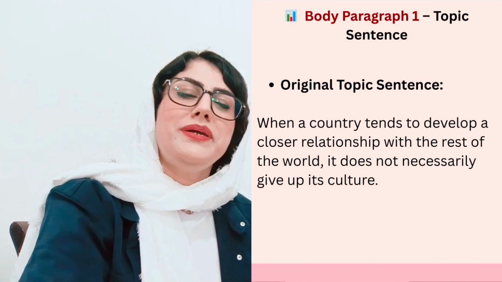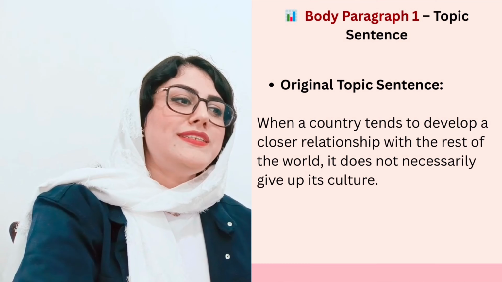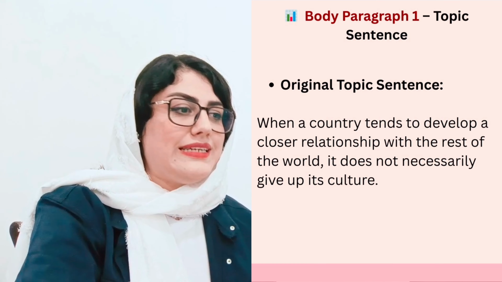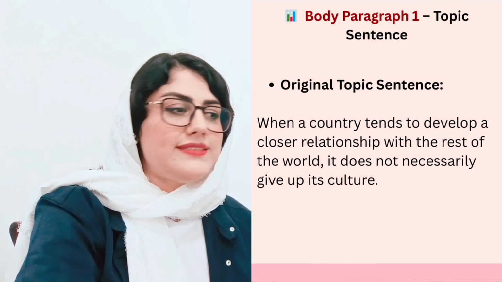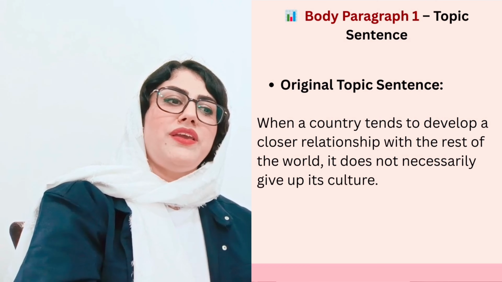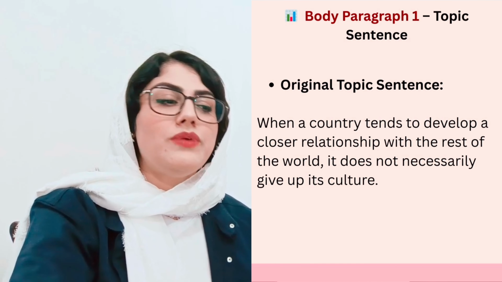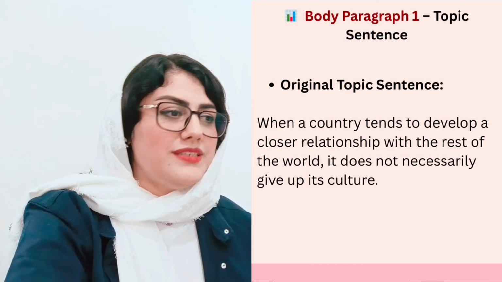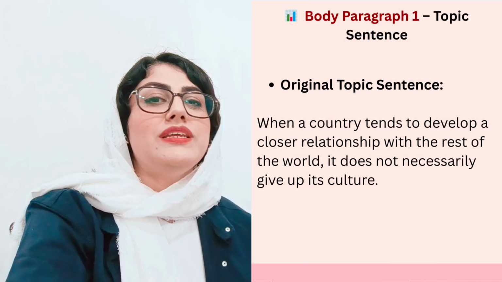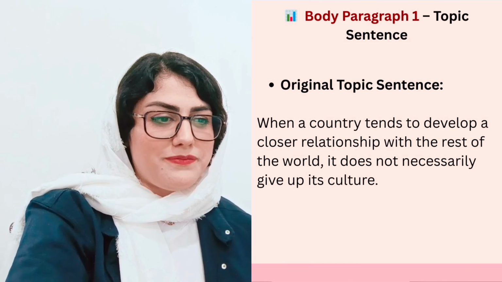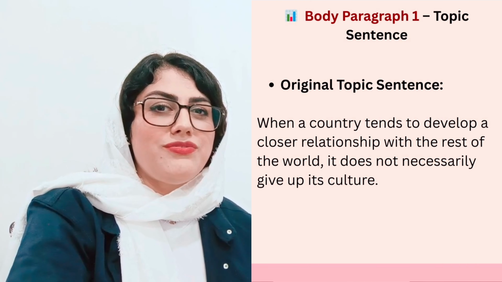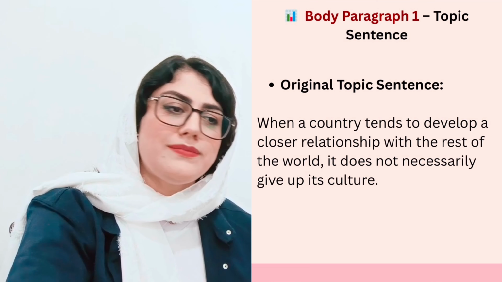Now we are looking at body paragraph 1, starting with the topic sentence. Here the original sentence is: "When a country tends to develop a closer relationship with the rest of the world, it does not necessarily give up its culture." What's the purpose of the topic sentence? Let's break it down.